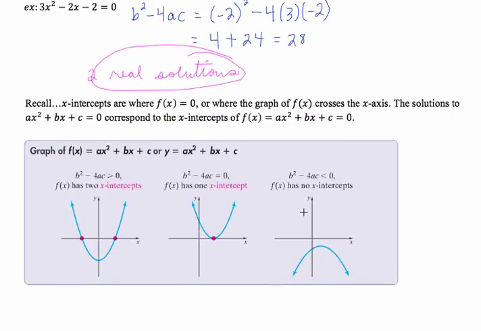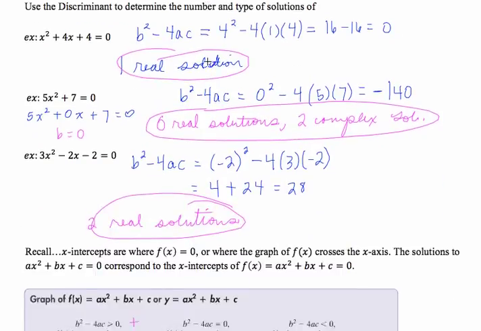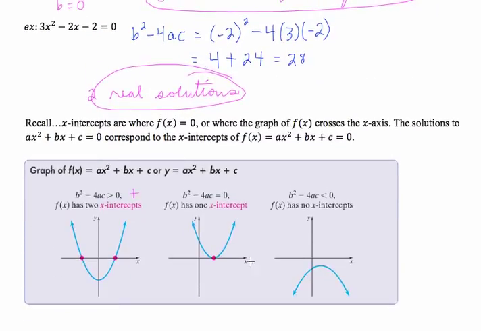So this is kind of interesting, and this is something that you'll explore a lot in college algebra, and that is intercepts and graphs of quadratic functions. If the discriminant is greater than 0, so that means the discriminant is positive, then you're going to have 2 real solutions. Those 2 real solutions then correspond to these 2 x-intercepts of this function, f of x equals ax squared plus bx plus c.